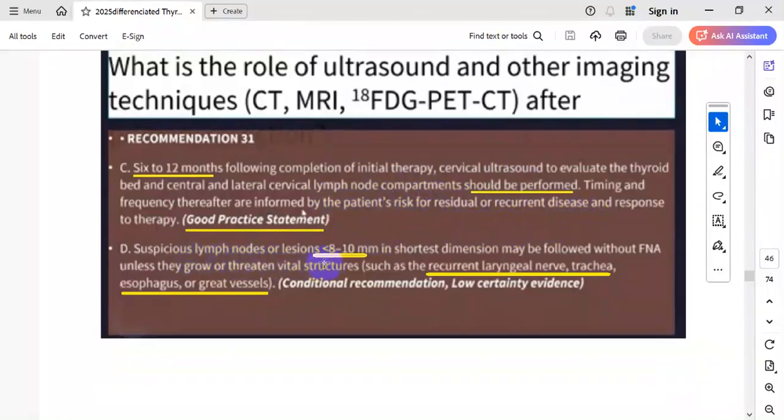Suspicious lymph nodes or lesions less than 8-10 millimeters in shortest dimension may be followed without FNA unless they grow or threaten vital structures like the recurrent laryngeal nerve, trachea, esophagus, or great vessels.